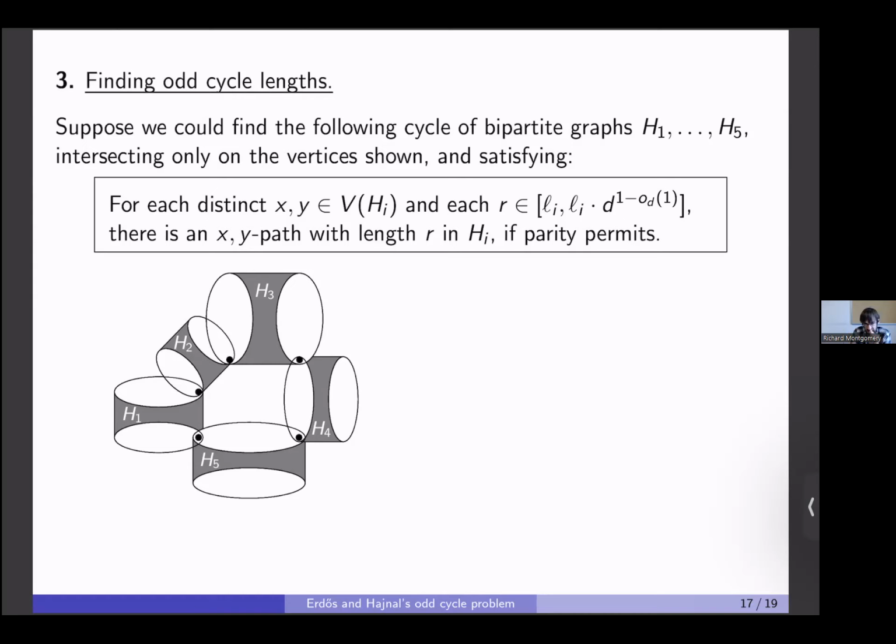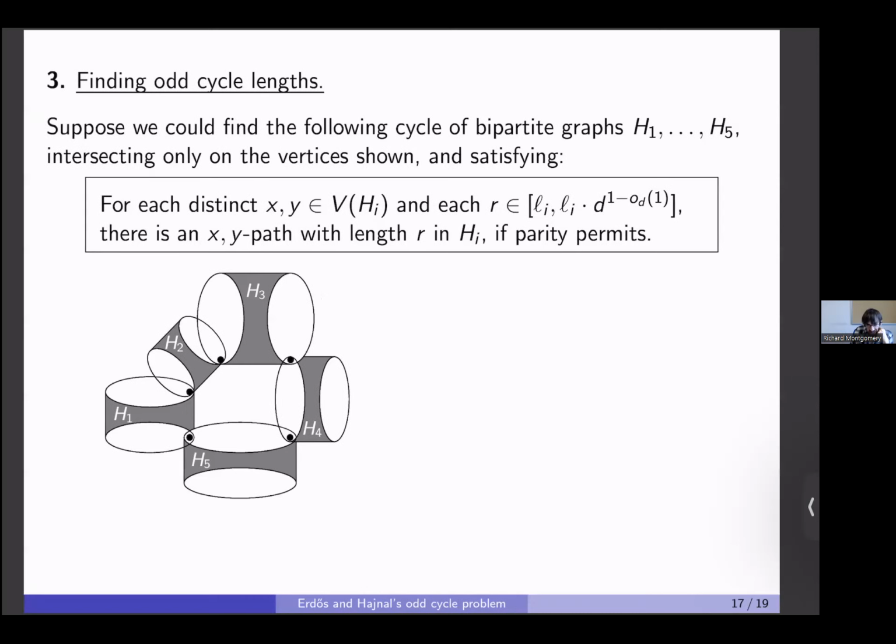So for distinct pairs of vertices, there's some Li which varies according to the Hi, so that for pairs of vertices, if you give me a reasonable cycle length that's odd or even within this interval, then there's an XY path with length R in Hi between those.